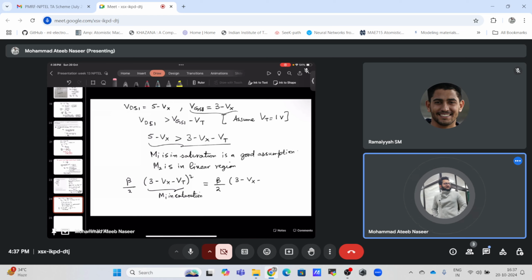VGS2 is simply 3 minus Vt, so it is (3 minus Vt) times Vx minus Vx square by 2. The beta and beta will go, and assuming Vt to be equal to 1 volt, this is (2 minus Vx) whole square equals 2 times Vx minus Vx square by 2.